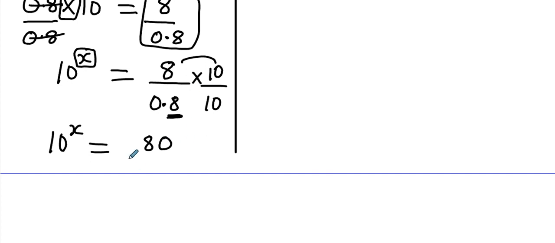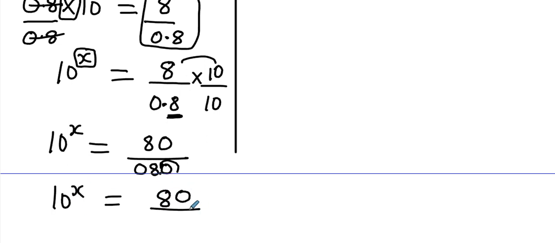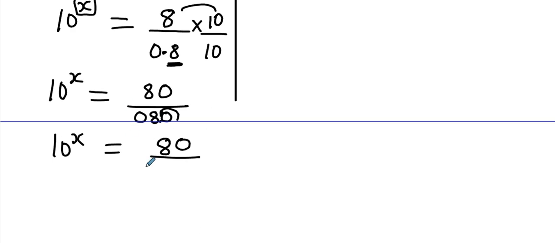0.8 times 10: ignore the decimal point, copy that number the way it is, and for 10, just put a 0 here. So count, you have one decimal place, so count one number from the right, and keep a decimal point over here. So 10 to the power of x will be equal to 80 divided by 8.